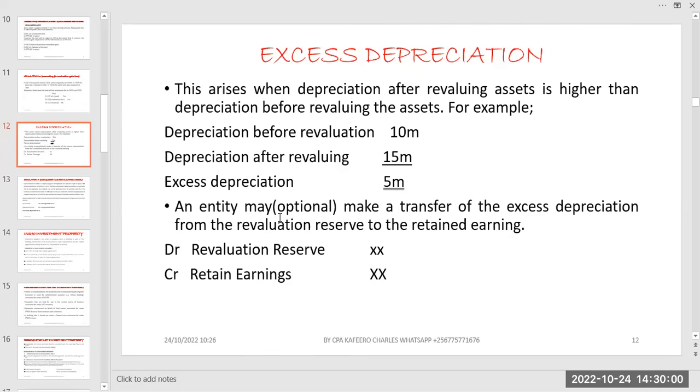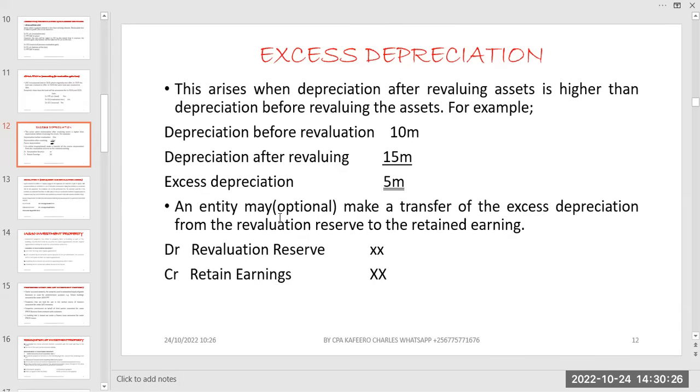But what will happen is that there is that depreciation that happens before you revalue. You may find that the depreciation before revaluation was 10 million, and after revaluing, because the revaluation amount has changed from what we had before, it means even the useful life has changed.